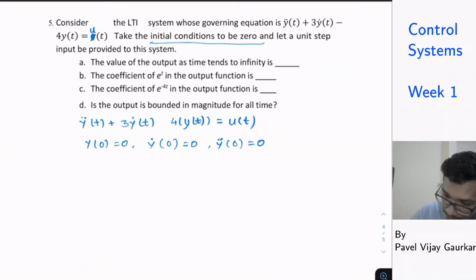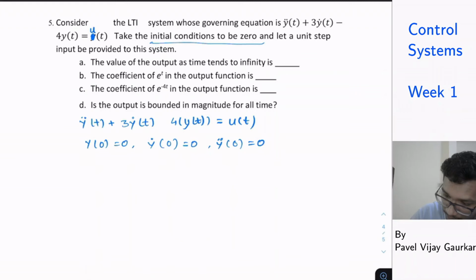Okay. So continuing with the Laplace transform, y of s minus 4 into y of s is equal to u of s. So if I were to write y of s, I'll take the y of s term common.